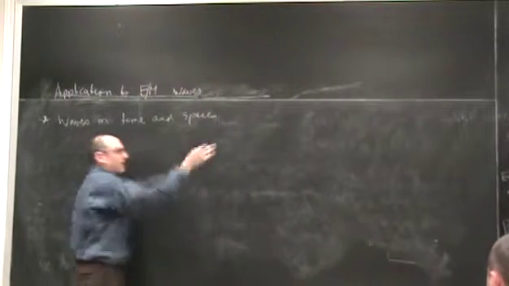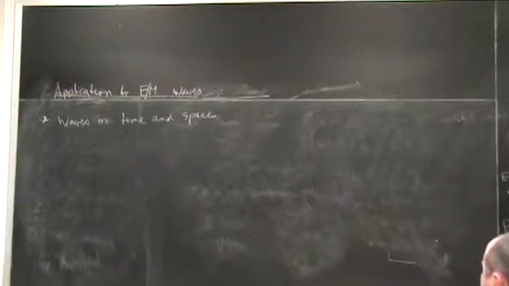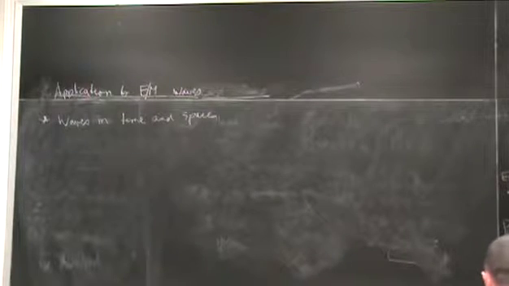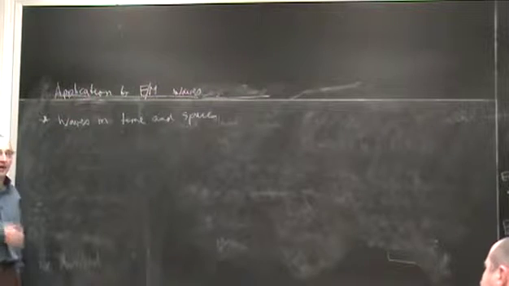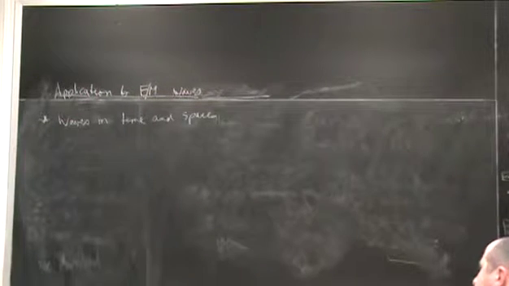So at the moment I just talked about functions as a function of time, but the wave is also a function of position. So we need to think about the Fourier analysis in both time and in position.